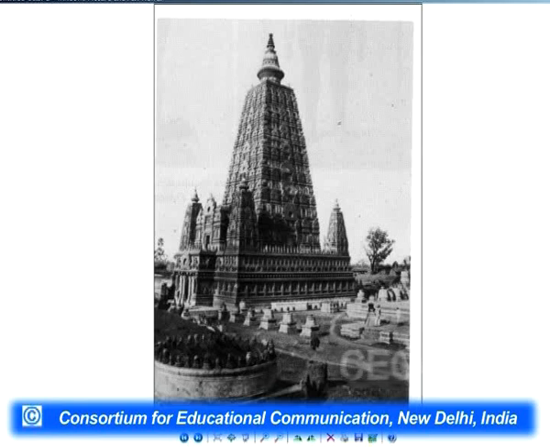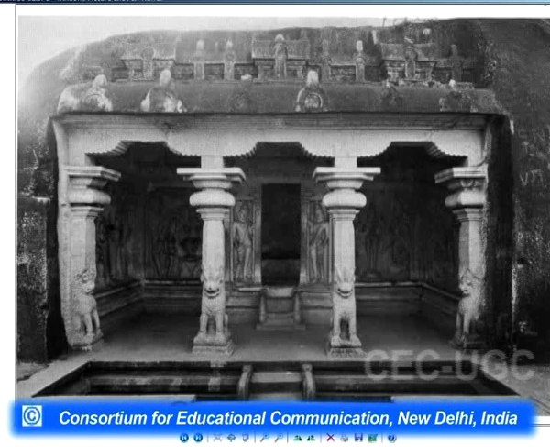You can see the central peak of the superstructure of this temple, which is not curvilinear in form but basically square shaped. At different corners you may see some subsidiary shrines or superstructures which remind us of the Panchayatan style of temple.